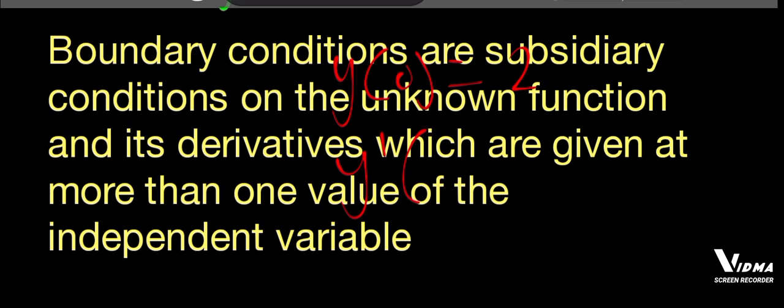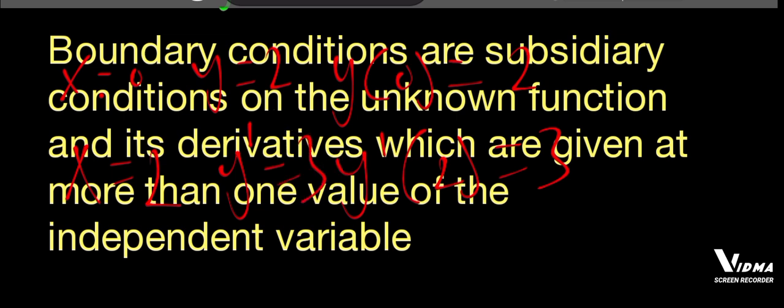So this one I can say y prime at 2 is equal to 3. It means I'm given two different values of the independent variable. It means when x is 0, y is 2. And when x is another value, that's 2, my y prime will be what? 3. Since the values of the independent variable are different, we say it's a boundary condition.